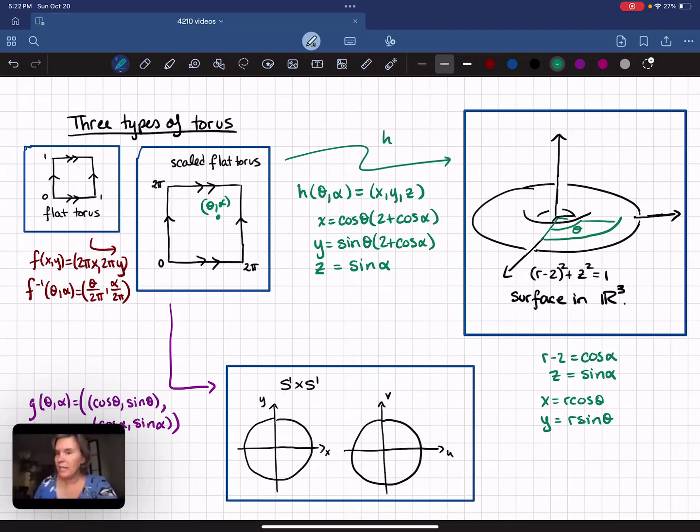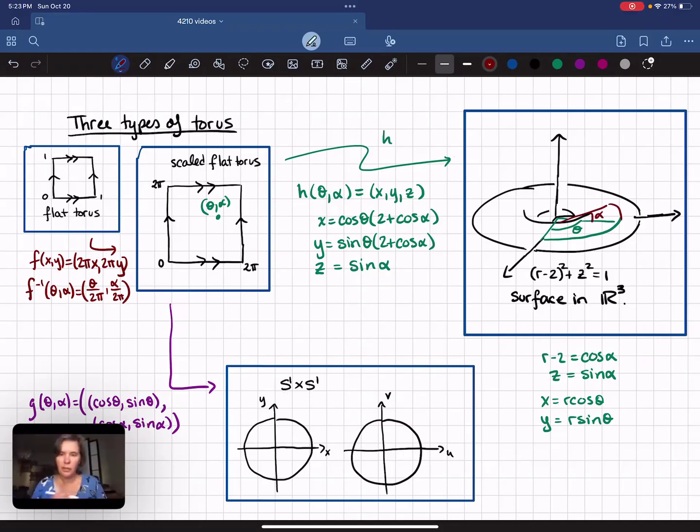And then once I get out to that point theta, a horizontal rotation from the origin, then I take the alpha and using r minus 2 as cosine alpha and z equals sine alpha, that takes the point where I've gone out in some horizontal direction and rotates it up. Okay? And so that's going to rotate this up some angle alpha.